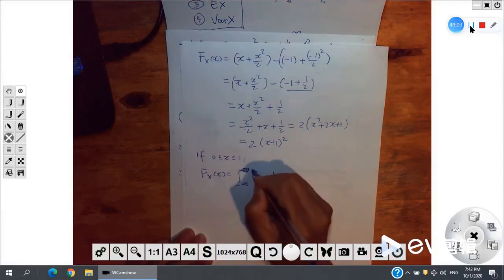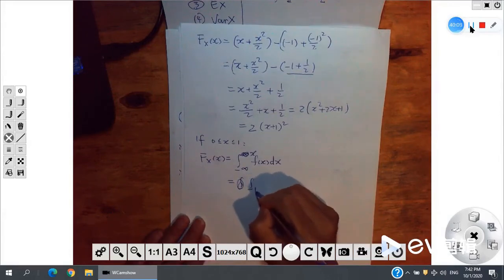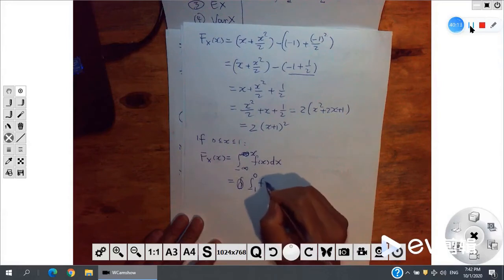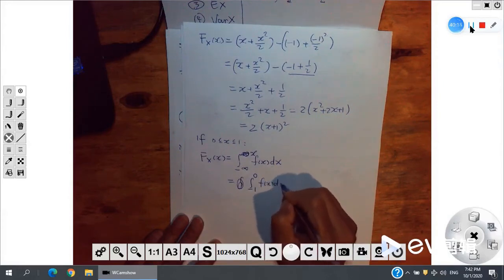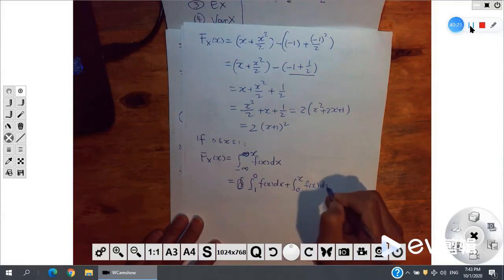So this will be from negative 1 to 0 of f(x) dx, plus from 0 to x of f(x) dx, right?